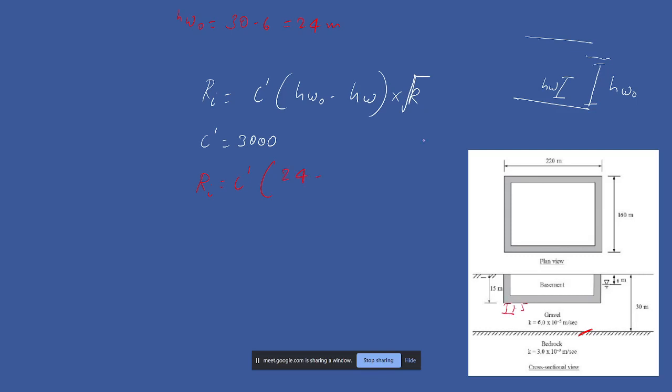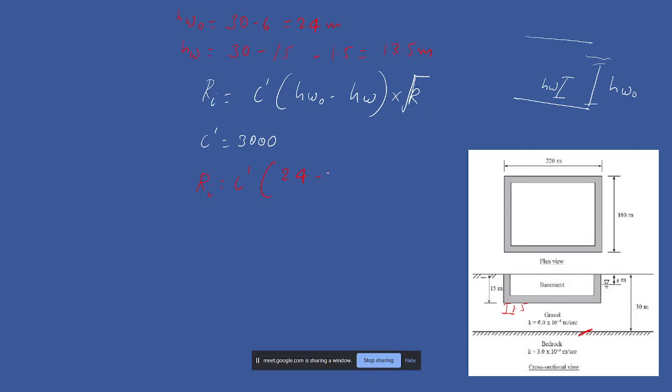So to calculate HW, total is 30 minus 15 meter, the embedded depth of the excavation, minus 1.5. So the total is 13.5.